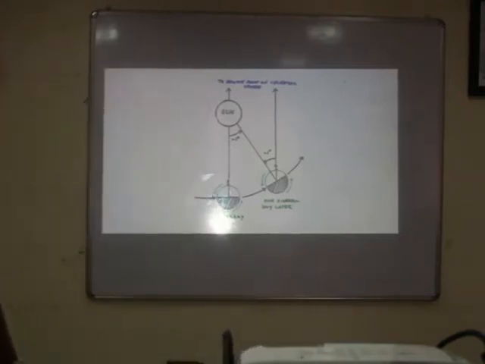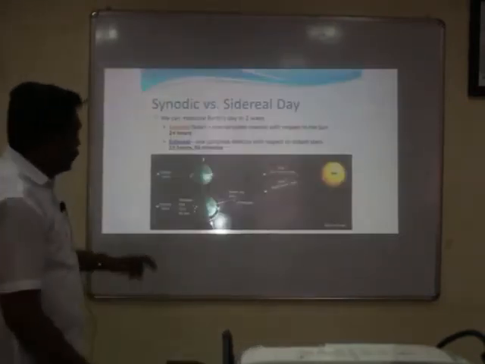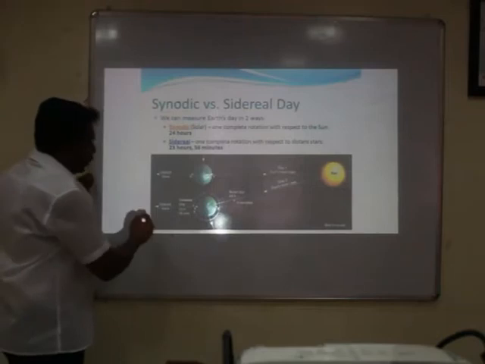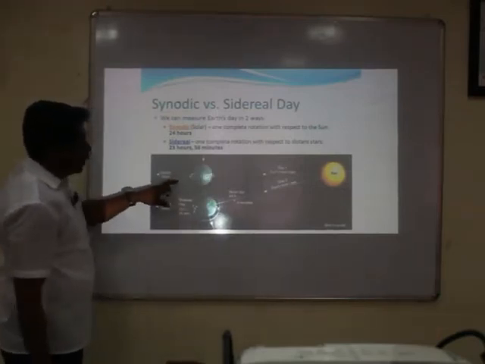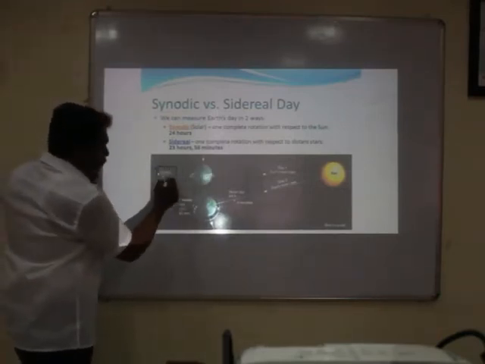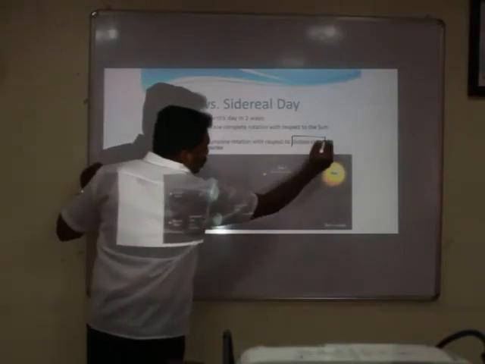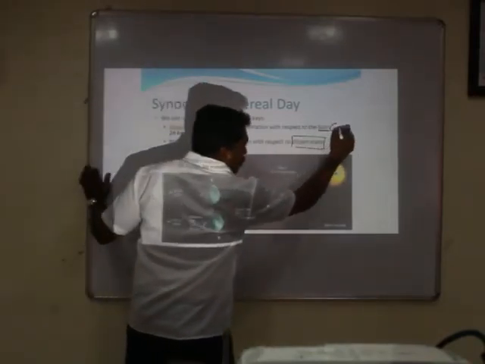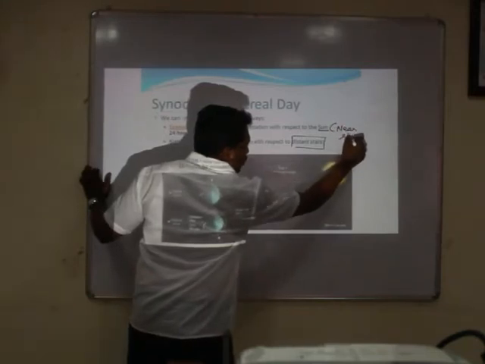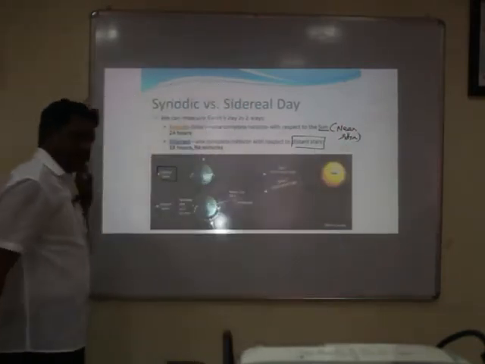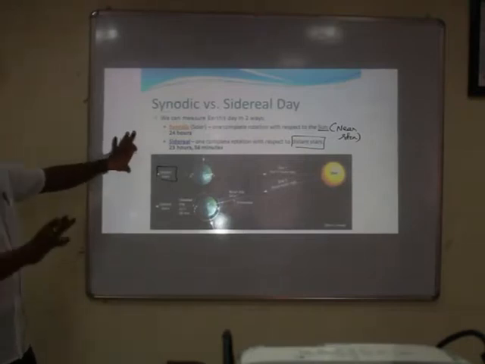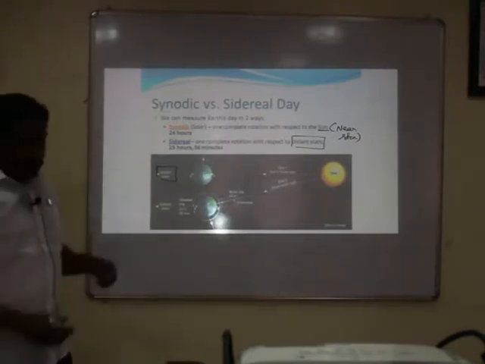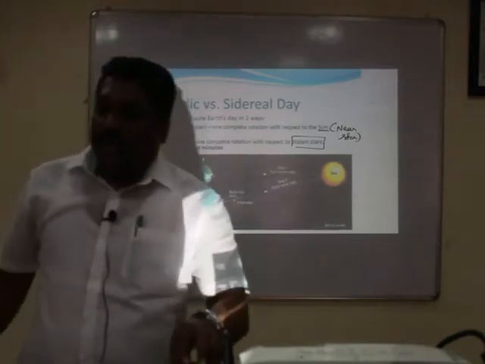One complete rotation with respect to a distant star, you call sidereal. Sun, you call near star. This is very, very important, because this is the same wording that was asked in examinations also.